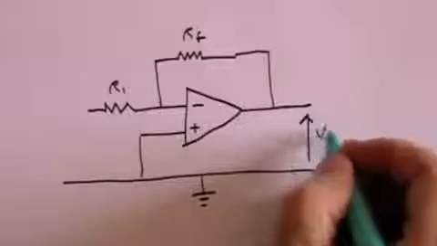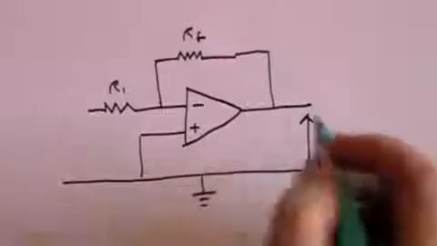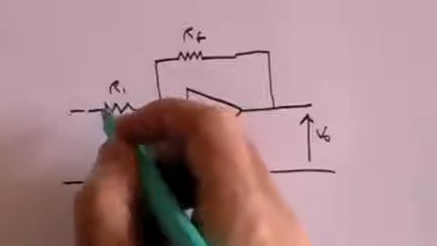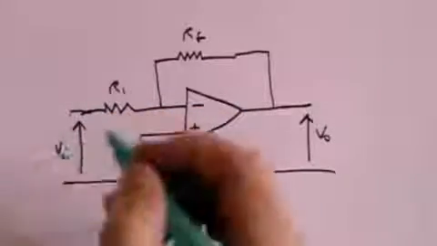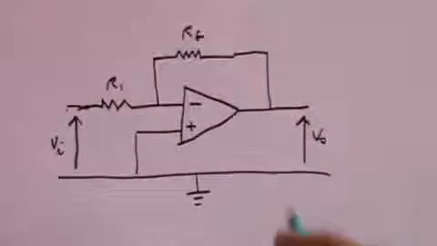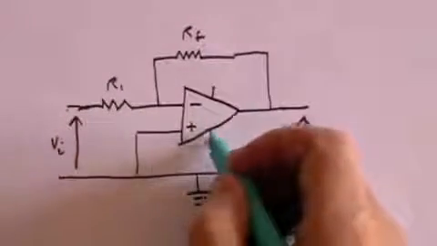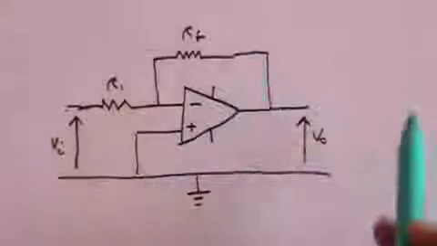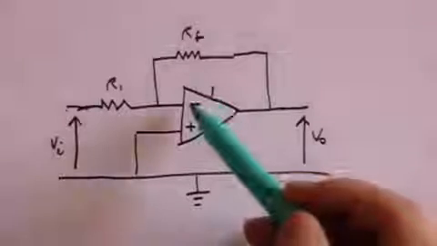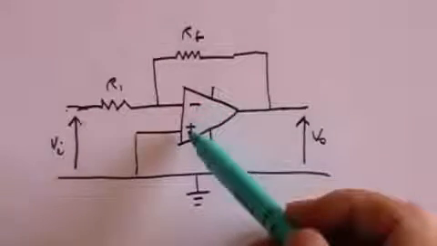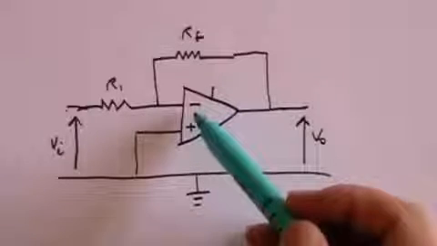This, of course, is the overall V output, and this is the overall V input. I'm not actually going to draw the power supply for the amplifier itself. We know that you'll need to connect that to a battery, but let's leave that out so it doesn't get too complicated.